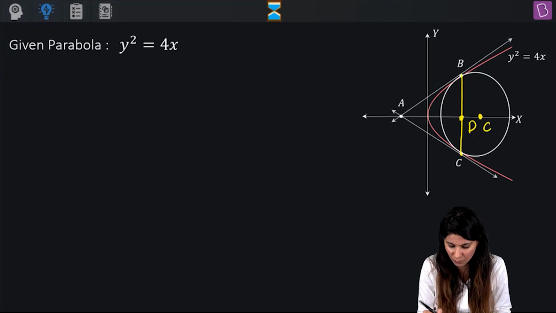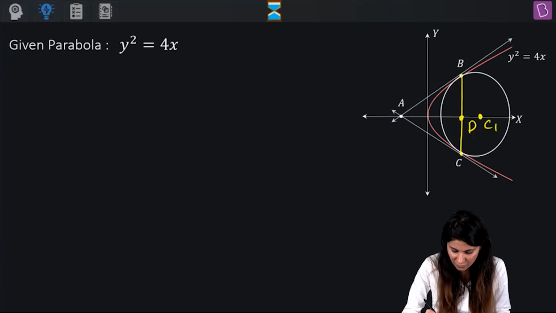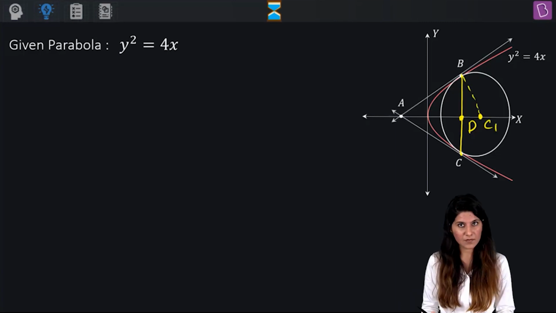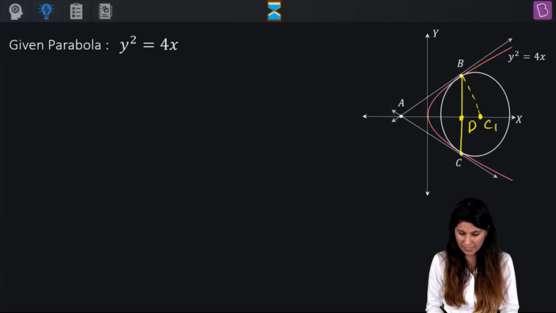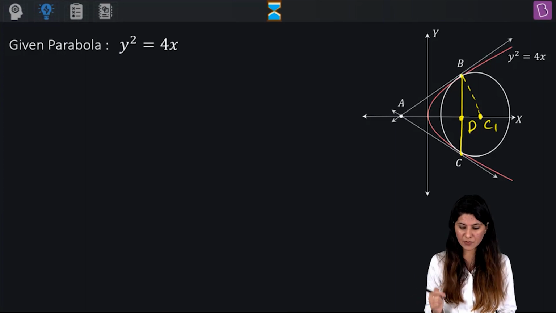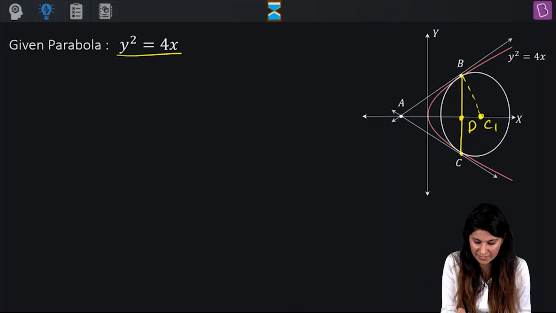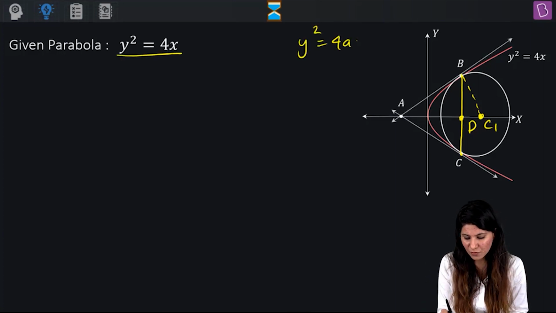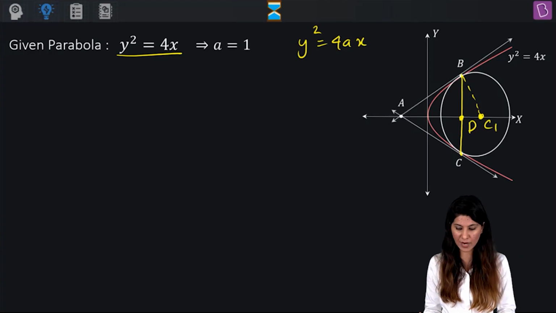Let's assume C1 is the center of the circle. Since the circle is symmetric about the x-axis, the center of the circle will lie on the x-axis. If I compare this with the standard parabola y square equals 4x, you'll realize that a equals 1.